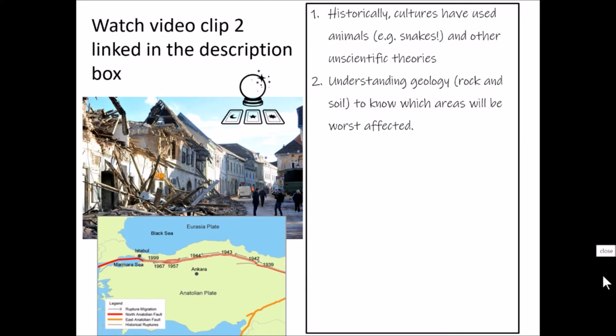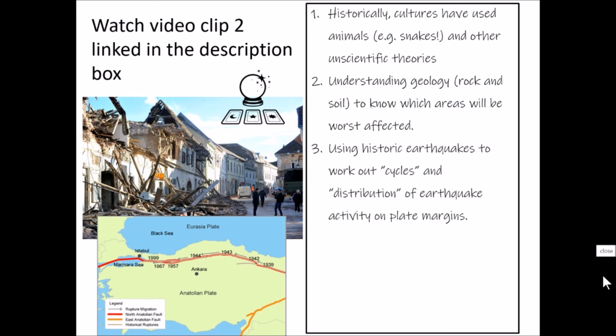I'm not talking about really big bits of granite or basalt, those really hard resistant rocks. If you've got something that's quite weak, then that will potentially cause a different sort of damage to the harder, more resistant rock areas. So it's really important to map out your geology to predict which places are going to be affected in which way.